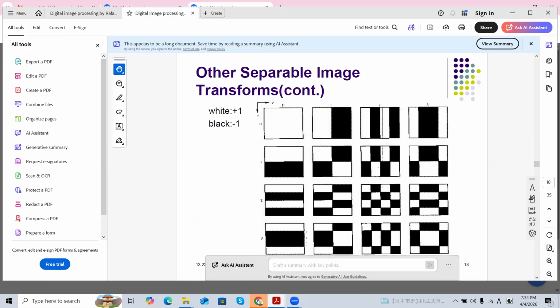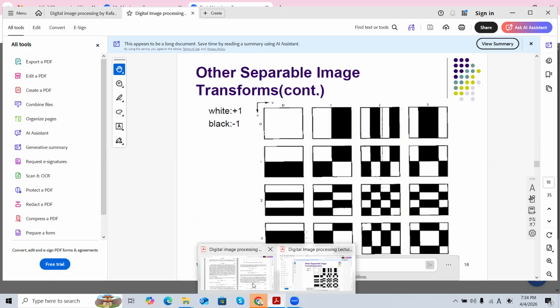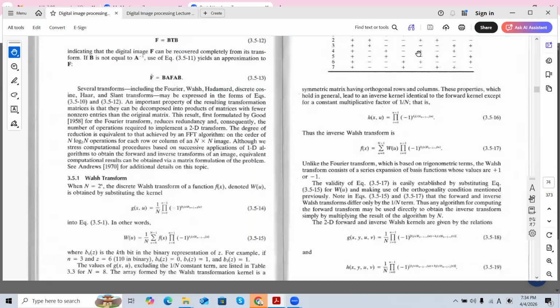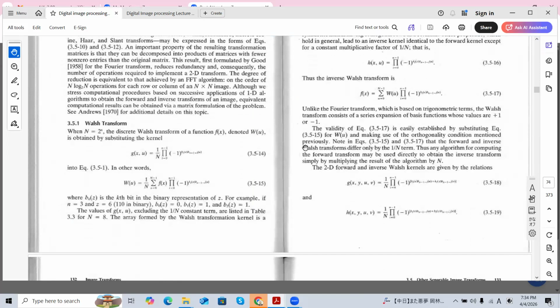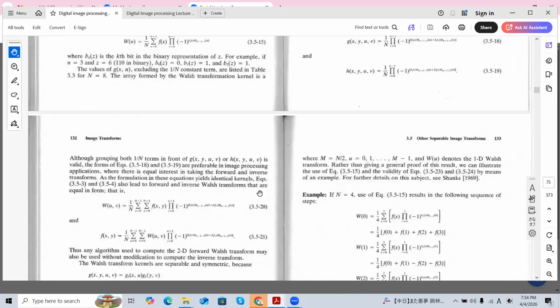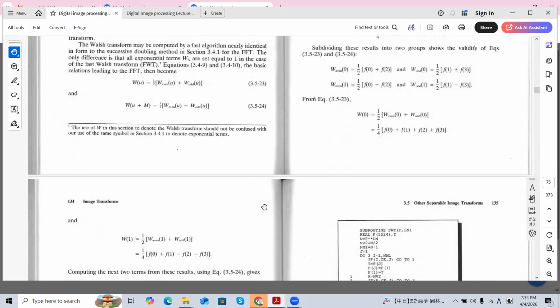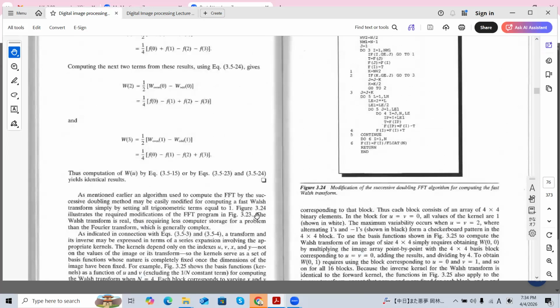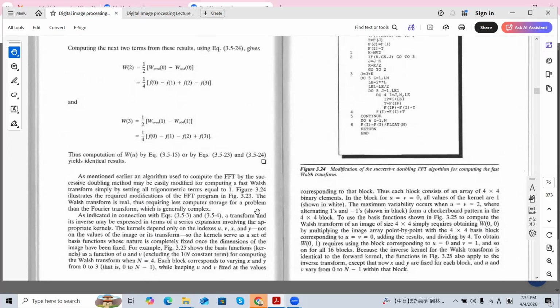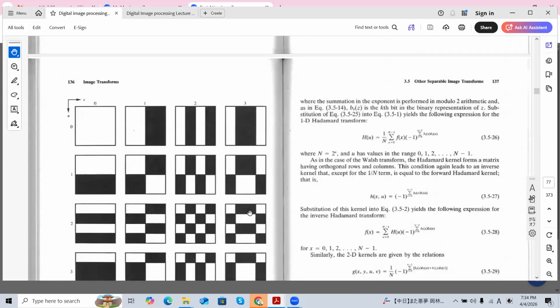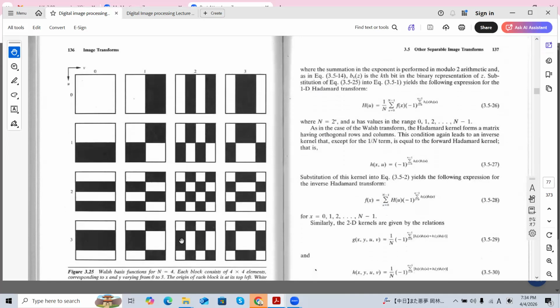Let me go back to this first, and then okay. This is from here, and I want to go back to the camera very soon to explain. Here is the two-dimensional.